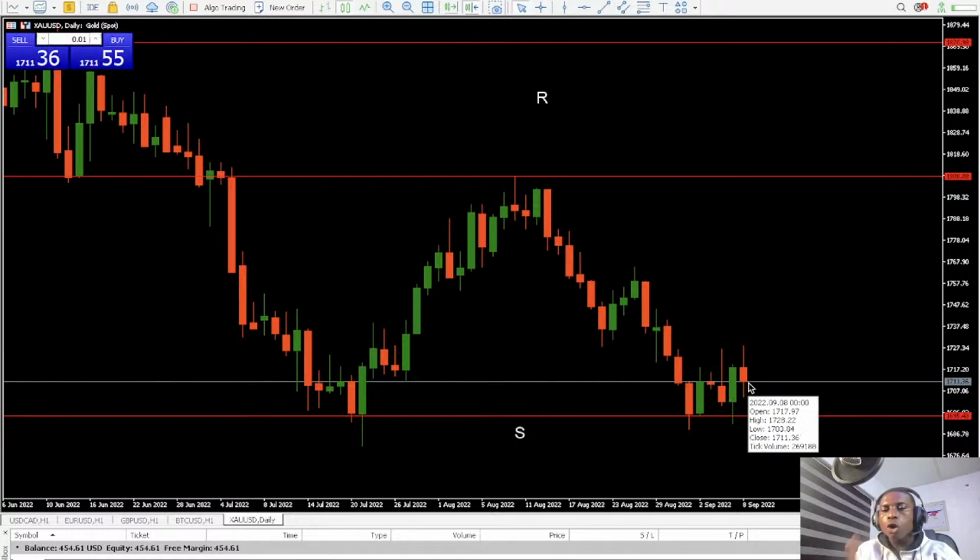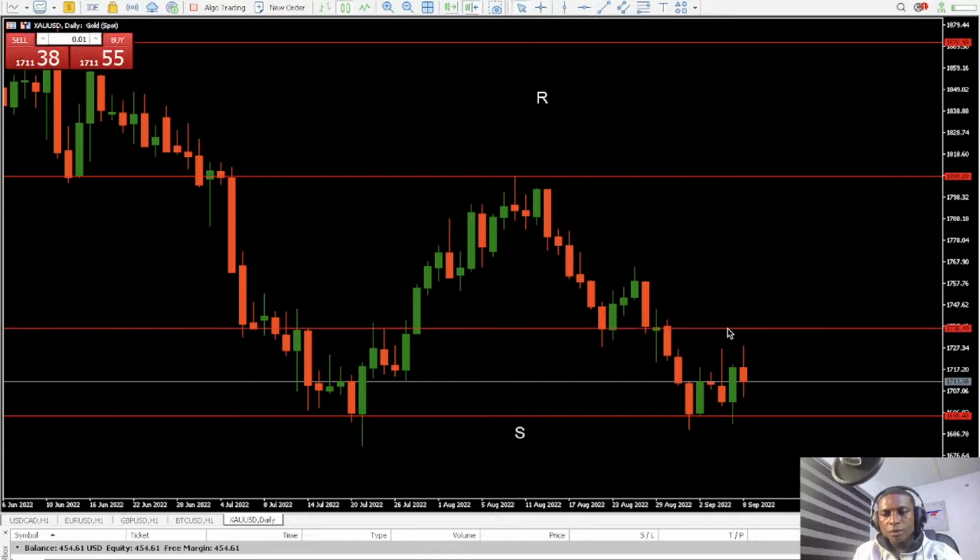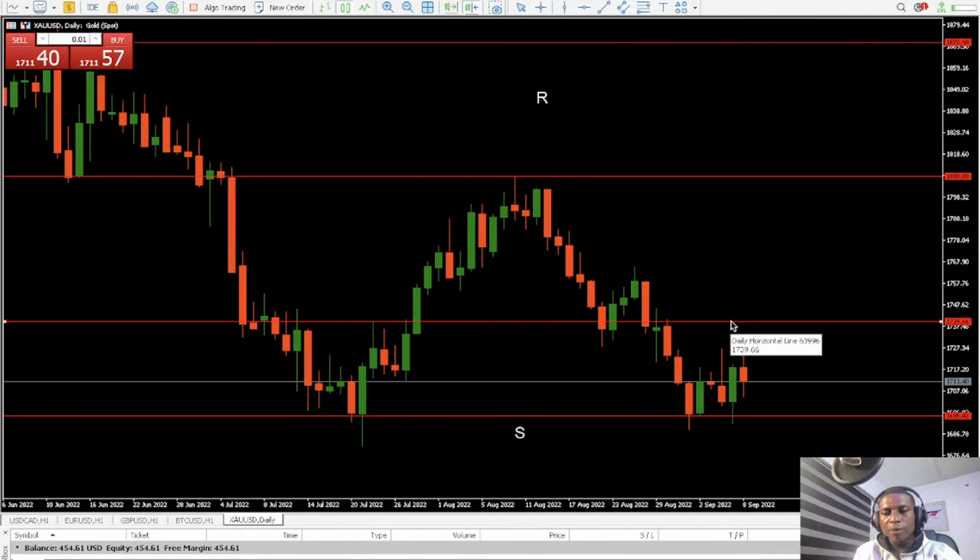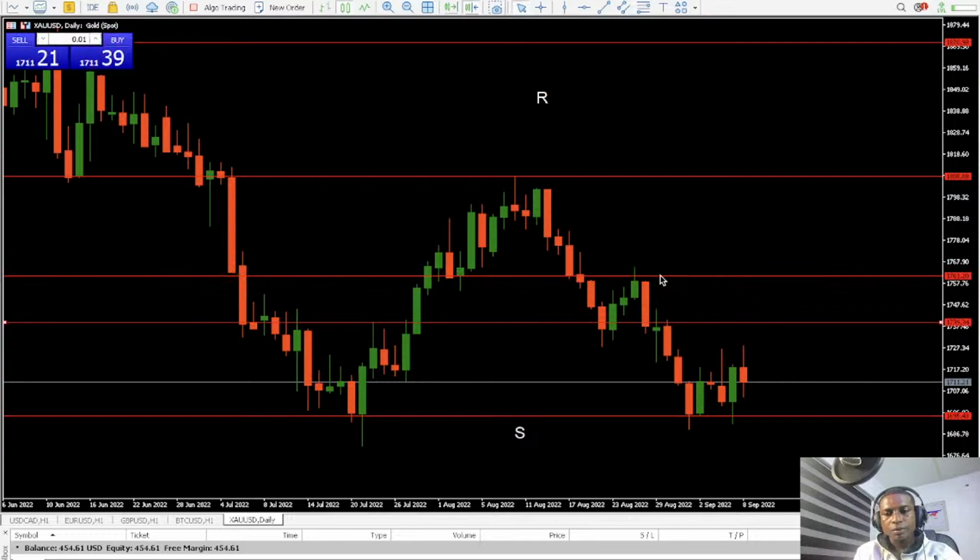For gold, being at the support level, I see price retrace, going up to this level. This is a minor resistance level. So we can say this level here can be our target 1.